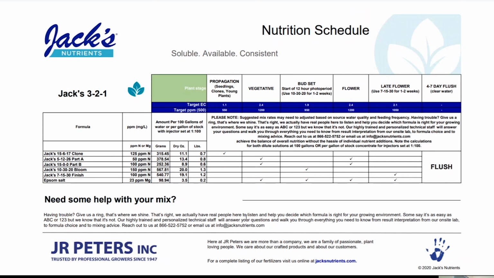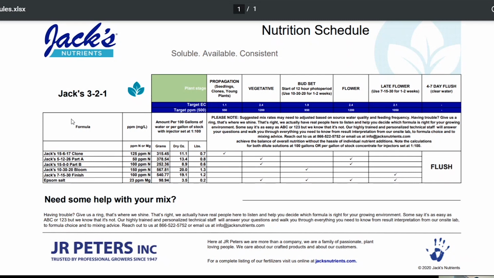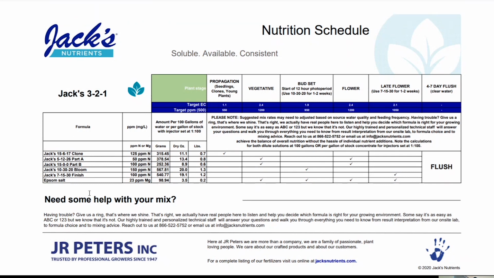Yeah, Mason. So let's do it. Let's start with the formulas here. If we look at our first section all the way to the left, we have all the formulas that are going to be used. And we've talked about in the previous video how these formulas are determined. It's going to be mainly dictated by your source water. But as we move along this schedule, we're looking at parts per million of N or magnesium.